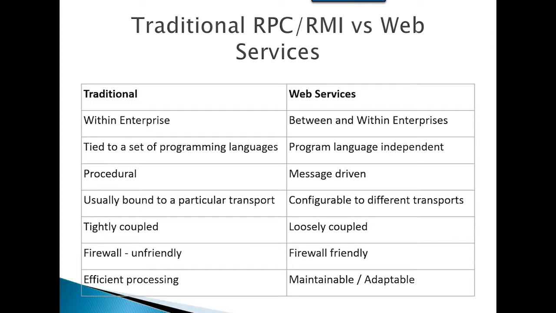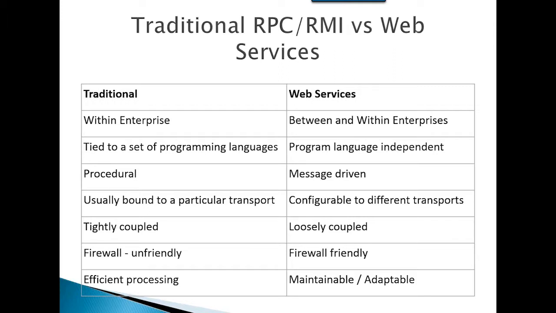Today, the newer web services have a lot of additional benefits. Traditionally, you did this remote procedure calling within your own enterprise. You were tied to a specific set of programming languages. So if you were using Java, for example, you stuck with Java within your enterprise to connect all the different machines talking to each other. You had that standardization across the board of using Java.